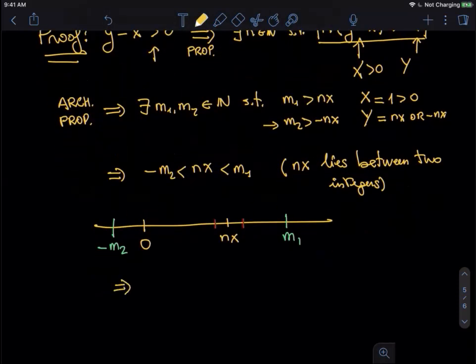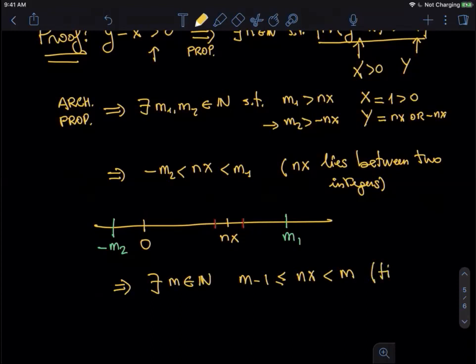Once we know it's in between two integers, we can tighten it from both sides and get that there is some m in the natural numbers such that m minus 1 is less than or equal to nx, which is less than m.